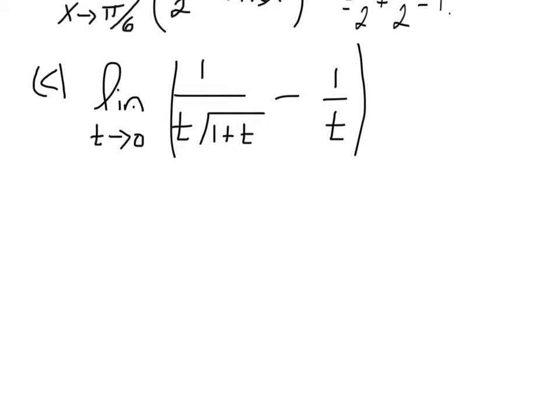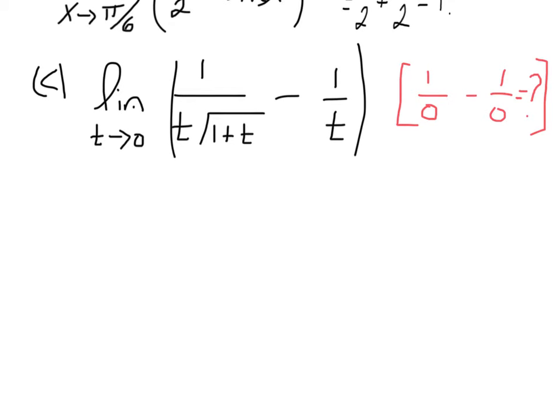And in fact, what this looks like when t is equal to 0 is something like this: we have a 1 over 0, and then we subtract from that something that looks like 1 over 0. And what that could be, well, that could end up equaling anything. And at the moment, we really have no idea how to deal with something like this.